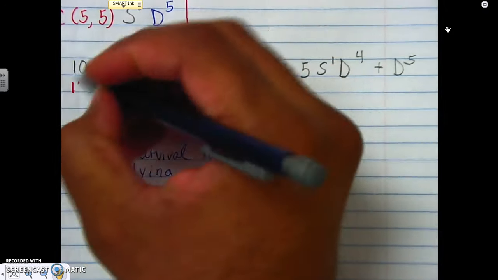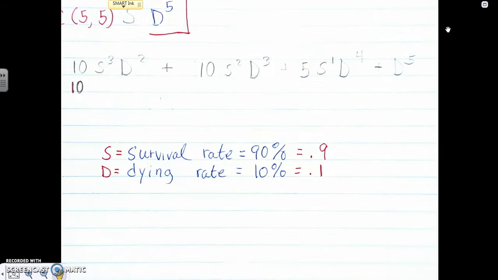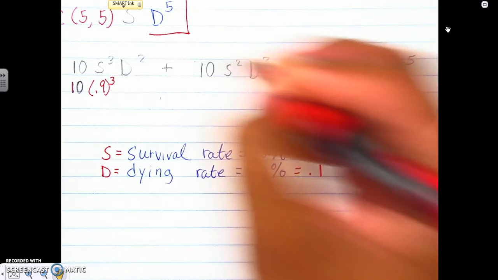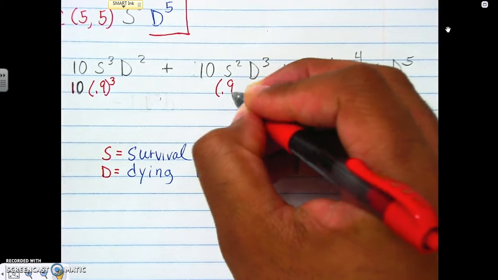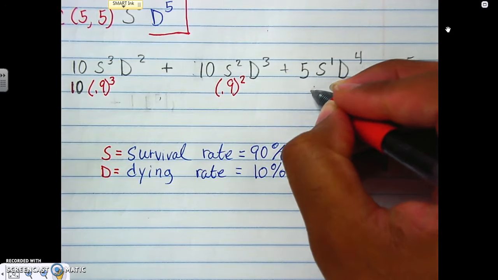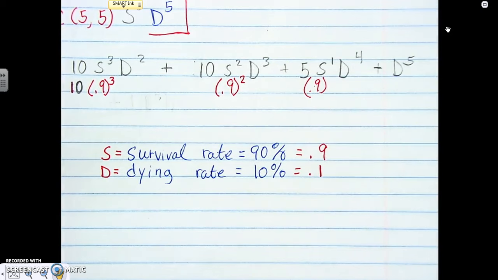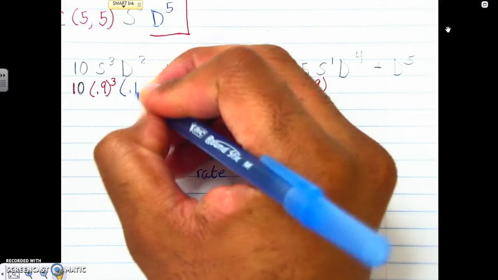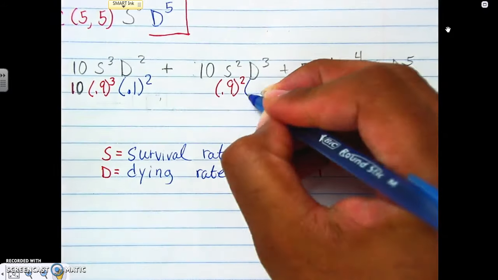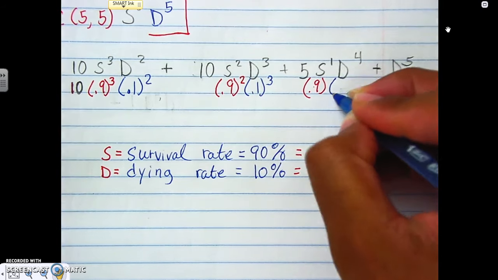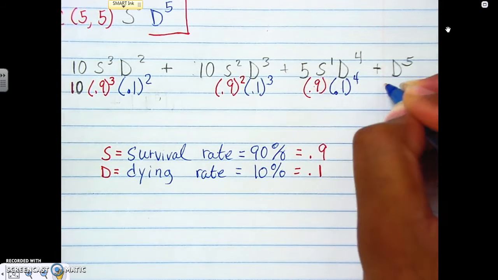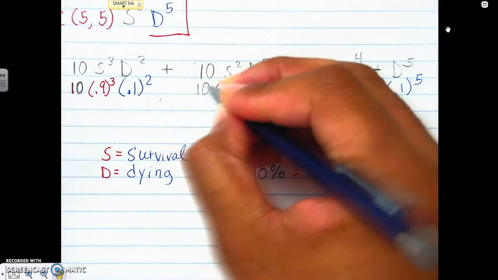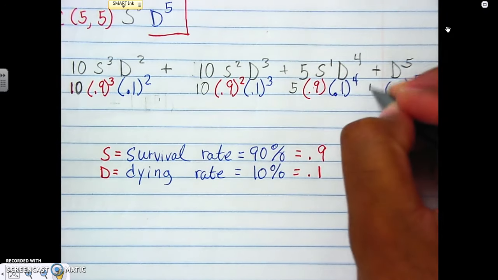Oops, sorry. Let's keep this in pencil. Let's do the S parts in red, so we can see there's a difference. And then let's put our D's in blue. And then again, I'm going to write down these parts here in pencil so that we can see there's a difference.